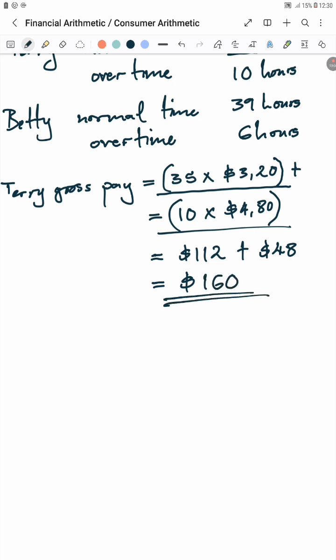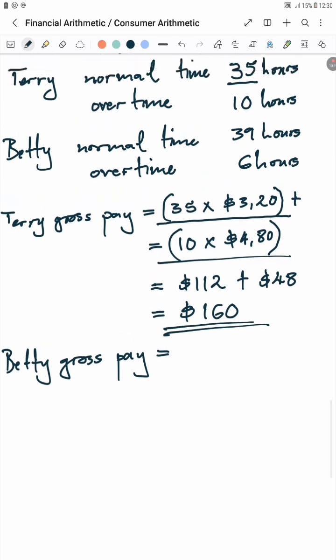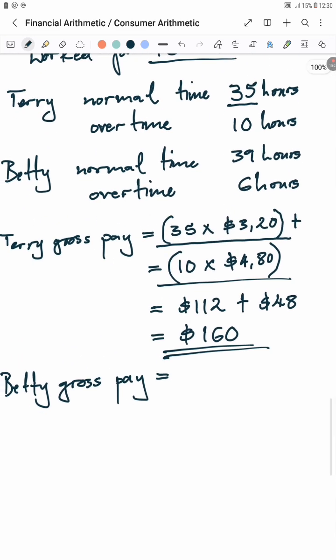Okay, and then we say Betty gross pay. Gross, we said it's the income before deductions, before they've deducted any contributions. So here gross pay for Betty will be equal to 39 hours times the rate per hour, which is $3.50, plus the overtime is 6 hours at a rate of $7.